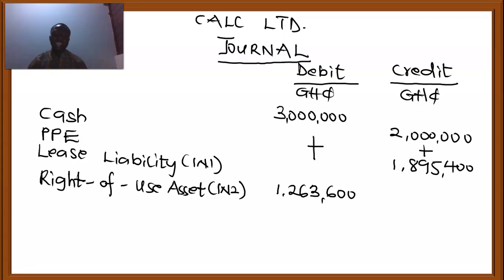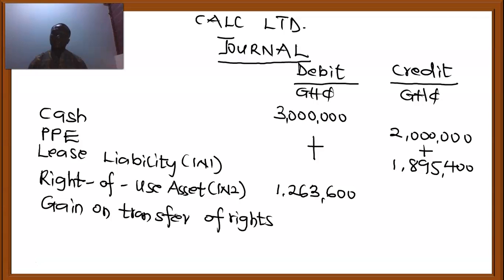This is a gain because it's at the credit side. So we have gain on transfer of rights, a figure of 368,200. This is the balancing figure.